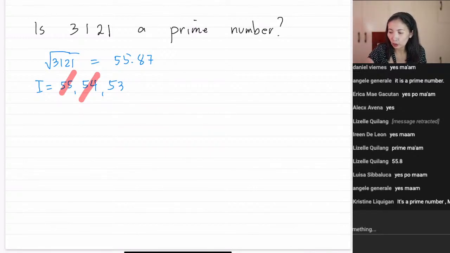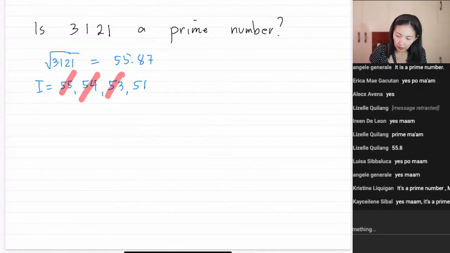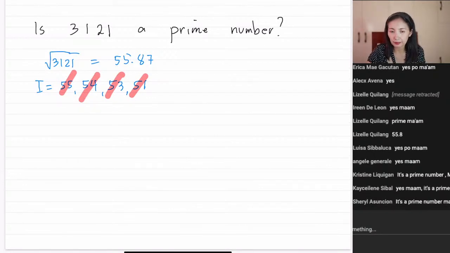Next, 52. Do not include 52 anymore. Okay, let's have now 51. 3,121 divided by 51 equals no. So not even 51. And then not 50. Wag na include ang 50. Then we can have 49. 48, no need.